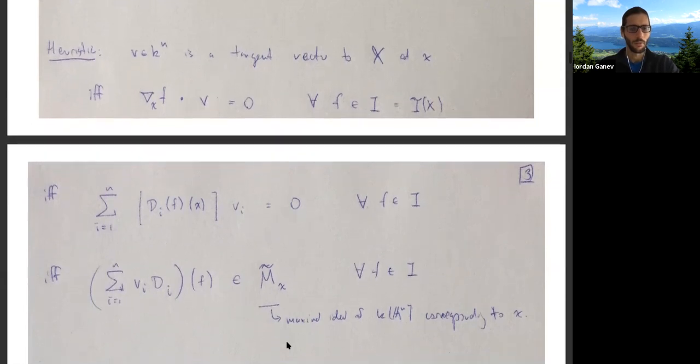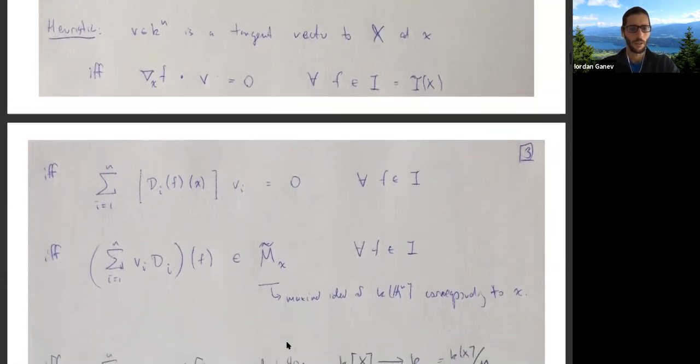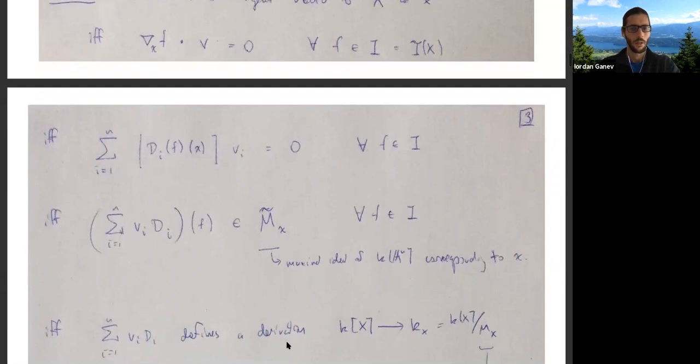So this is just a rearrangement, and what that means is that this linear combination of partial derivatives is actually a derivation, from the affine algebra of A^n to the affine algebra of A^n.